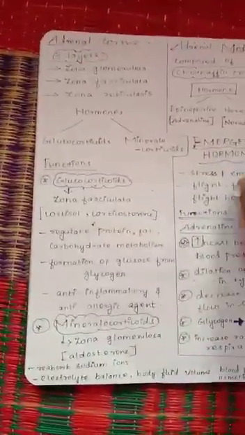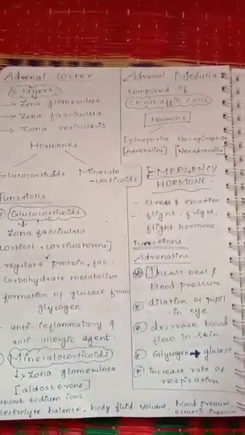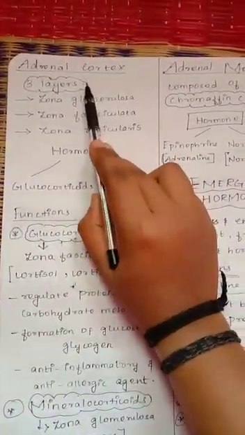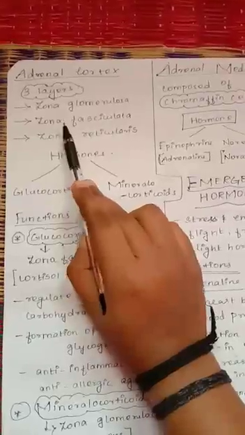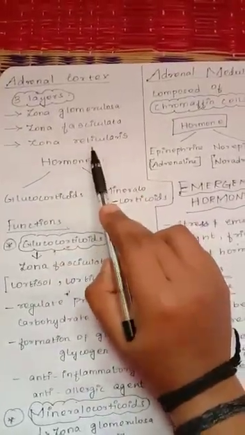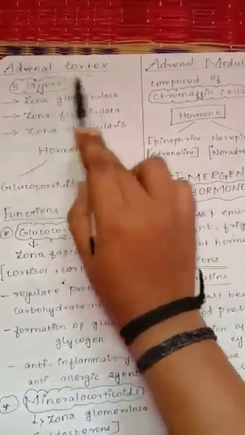This adrenal cortex and adrenal medulla are the two regions which secrete different types of hormones in our body. The adrenal cortex consists of three layers: zona glomerulosa, zona fasciculata and zona reticularis. These layers lead to the formation of the adrenal cortex.